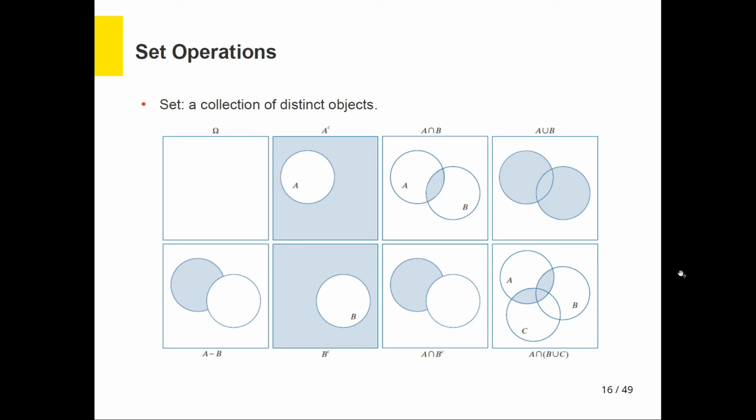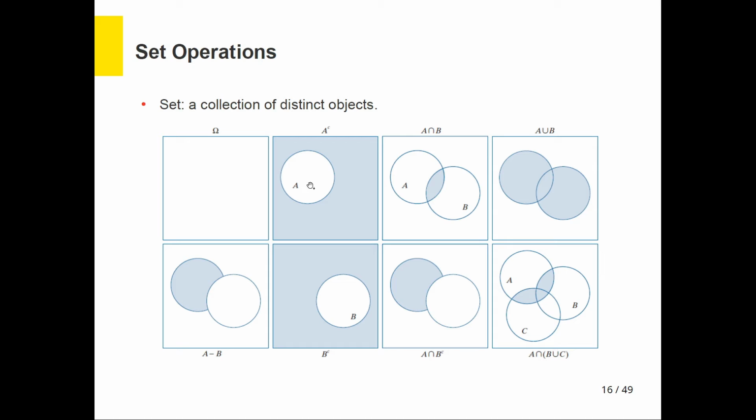Another way of performing some functions on images is by using set theory. A set is a collection of distinct objects. Usually for defining any set, we need to have a sample space. This blank space, you can call it a sample space.